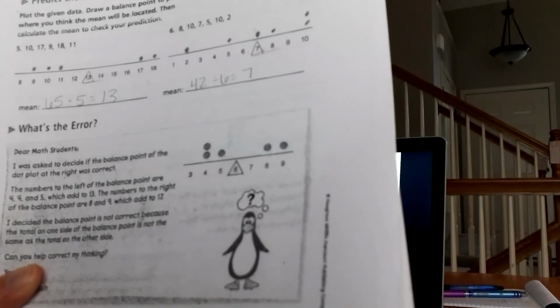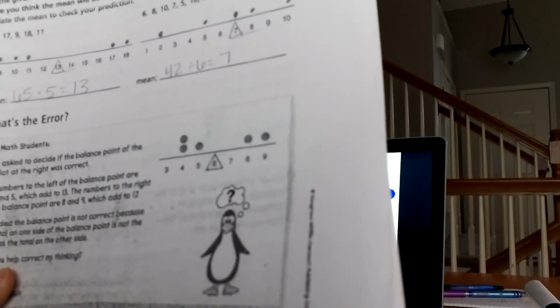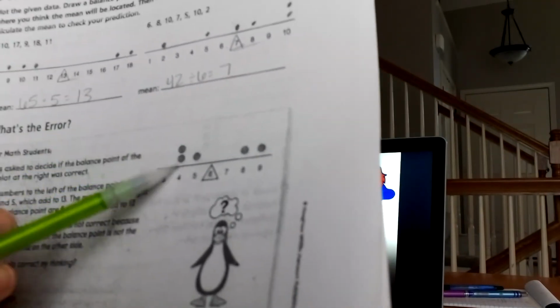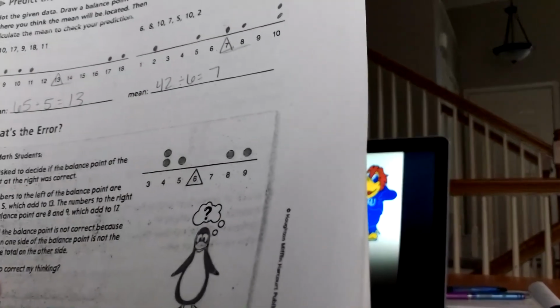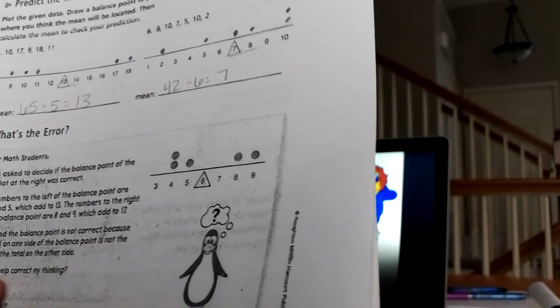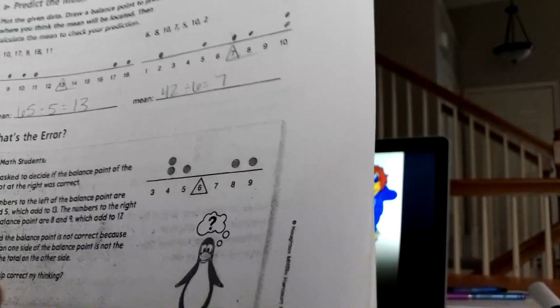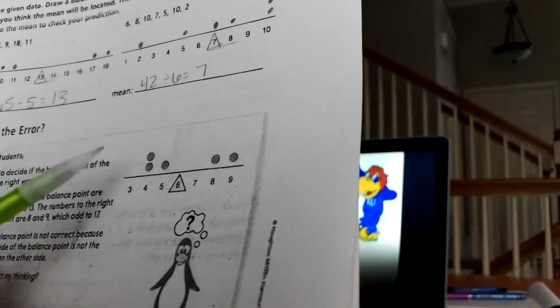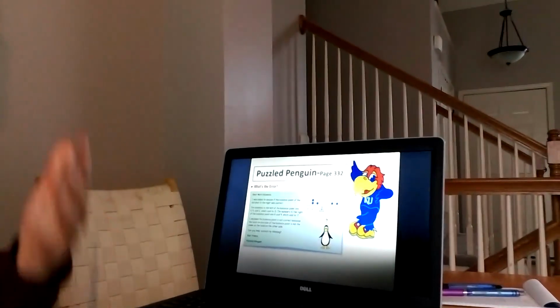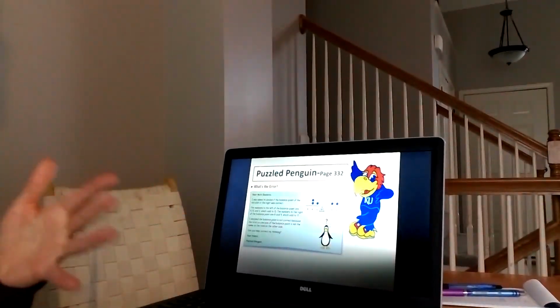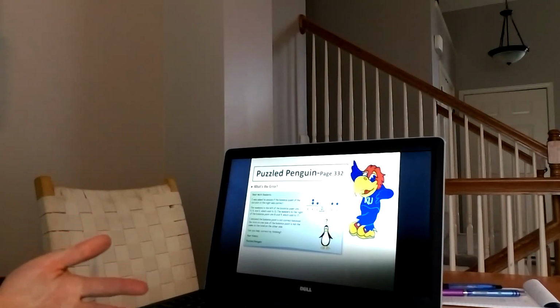We're not talking about measuring things out in science. We're just talking about numbers, okay? We're not thinking about this as a legitimate balance, okay? Yes, if they were weights, he's absolutely right. We would have to have the same number of ounces, pounds, whatever we're talking about on both sides, okay?